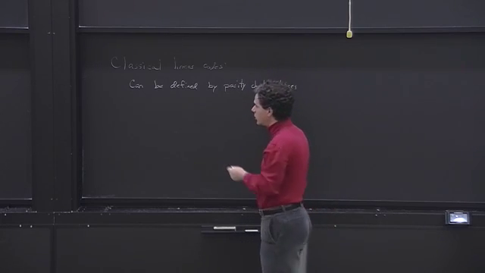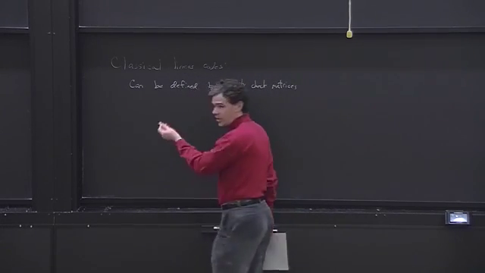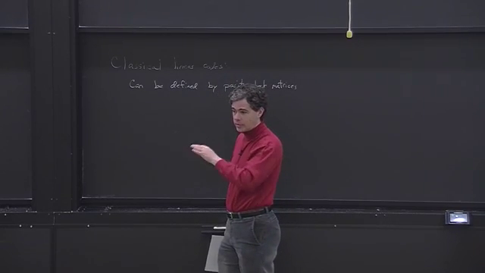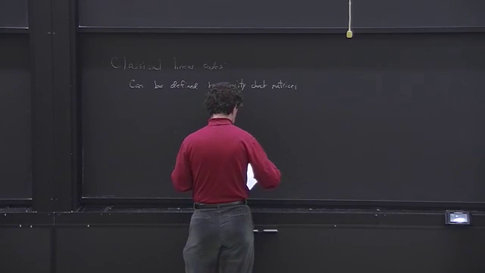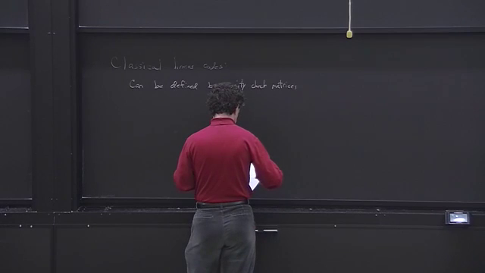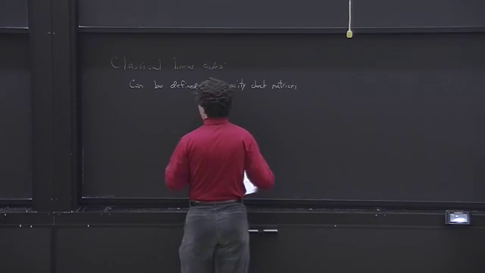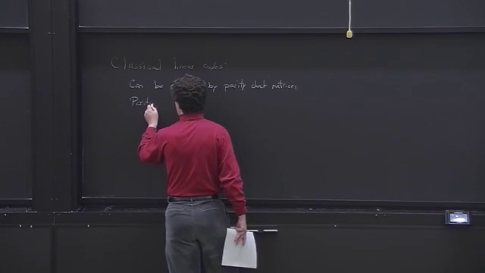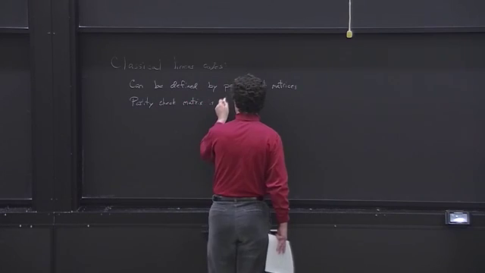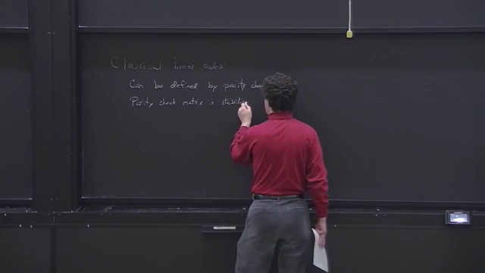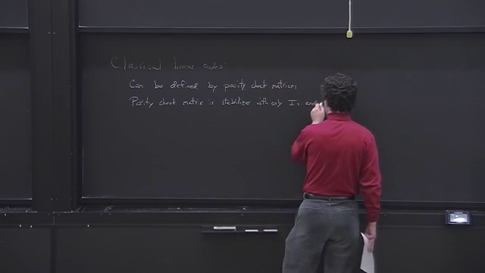Basically, the classical linear codes really are a subset of stabilizer codes, because this parity check matrix is basically part of the stabilizer. So the parity check matrix you can think of as basically a stabilizer with only I's and Z's.